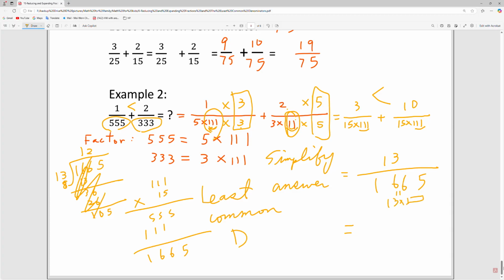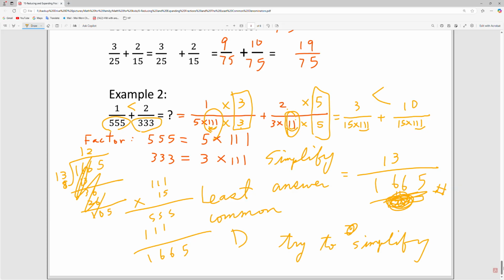If not, you cannot factor 13, you cannot reduce. So you always have to try to simplify. If you can simplify, then you have to simplify. But in this case, you are done. Then this is the final answer.